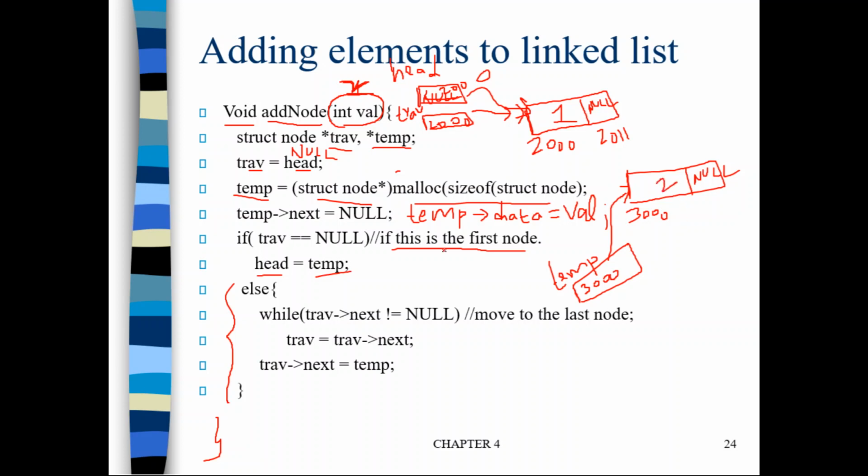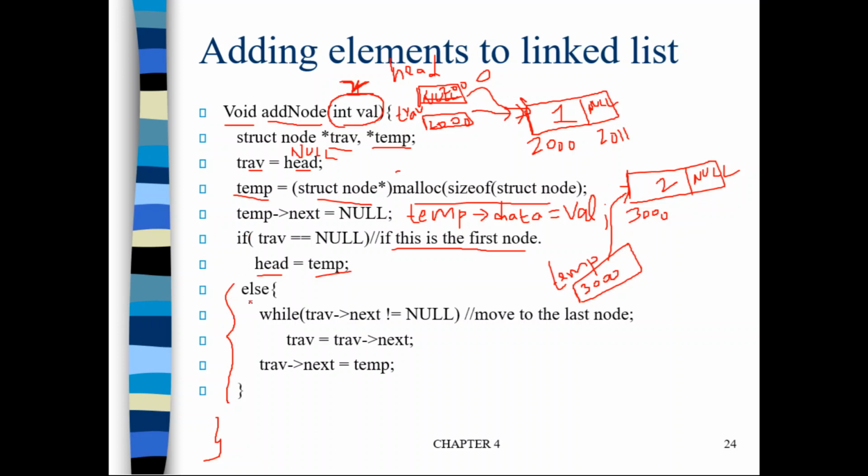Now we check if traverse is equal to null. No, this time traverse is not null, because there is one node already and head is pointing to that. So the else part will execute.